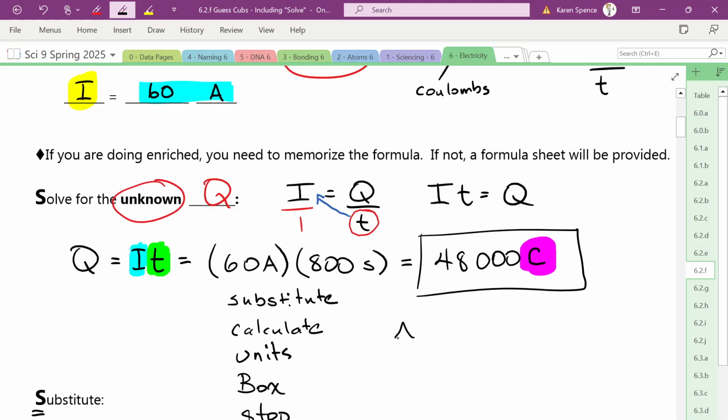If you want to do sig figs, we have 60. If there is no decimal, zeros to the right are not significant.